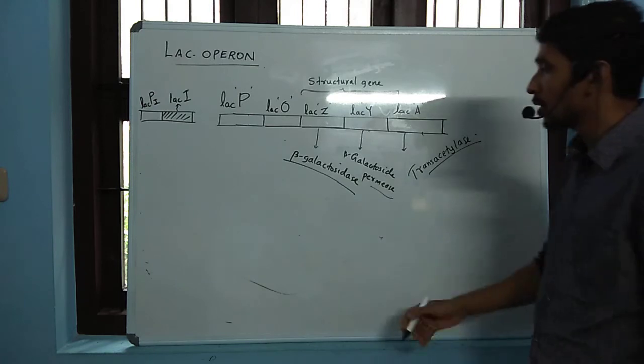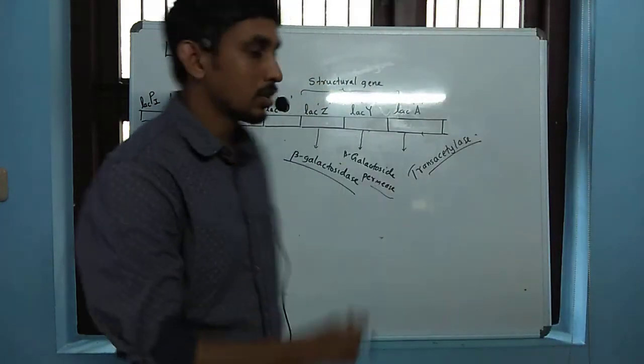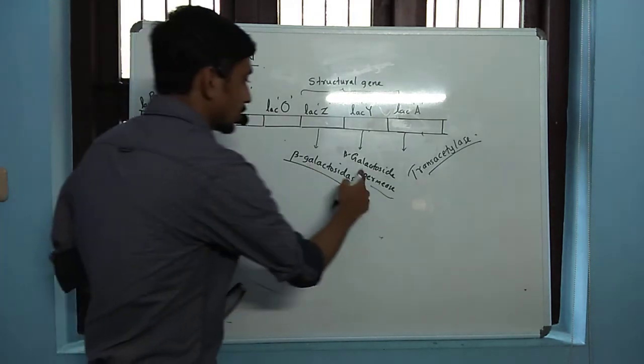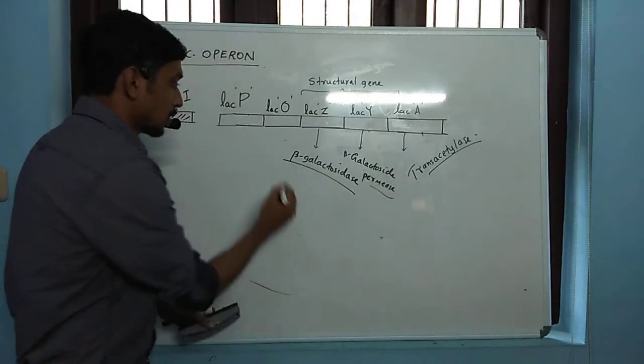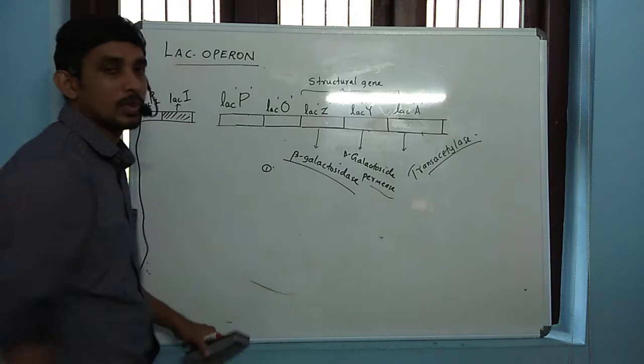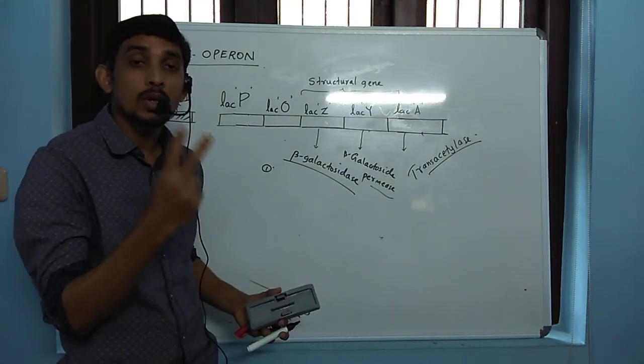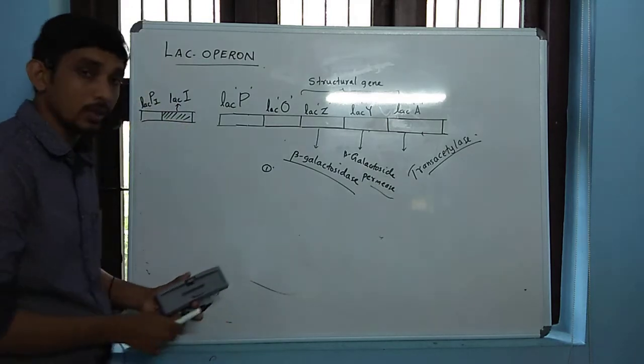Now coming to the function of these gene products. First of all, beta-galactosidase performs mainly two functions.